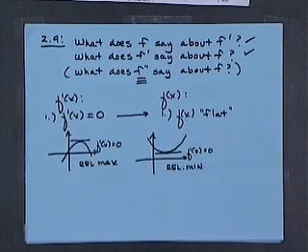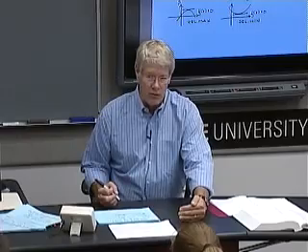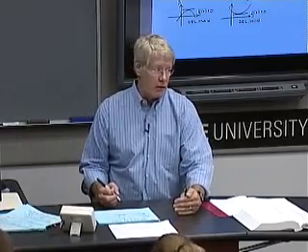Now, the difference between a relative max and an absolute max, somebody want to tackle that? The absolute max is the definite height of the graph. Okay, the absolute highest point on the graph would be an absolute max, or sometimes called a global max. I don't use that term very much, so I'll use absolute max and relative max.